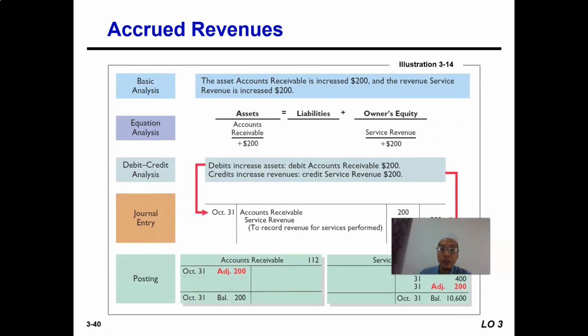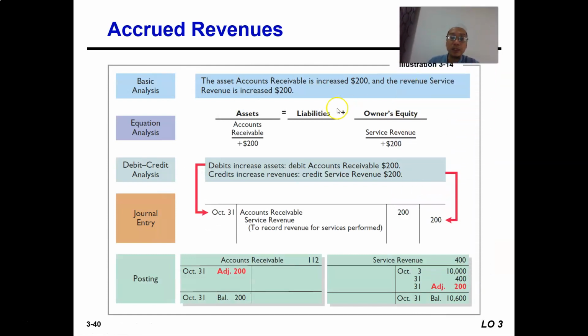To do the analysis: the asset accounts receivable is increased by $200, because at the time we render our service we expect future benefit, and service revenue is increased by $200 because we recognize that we have done work.